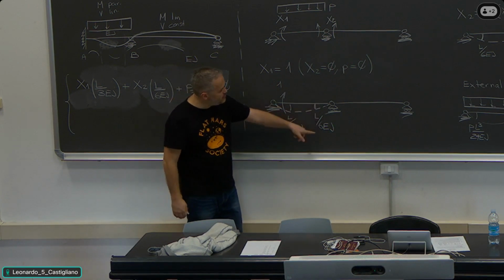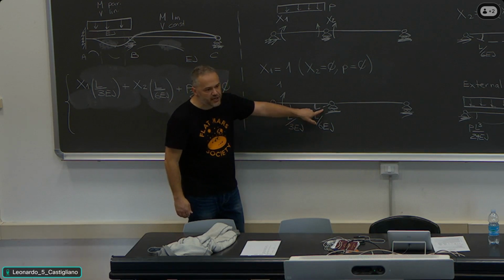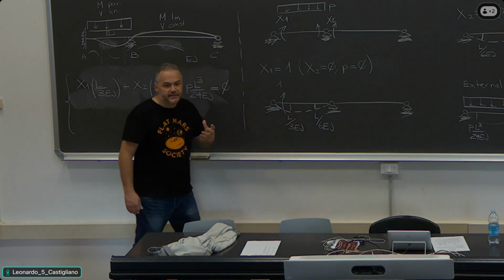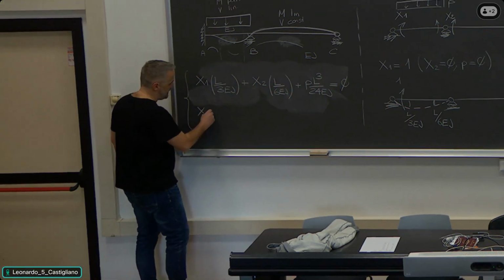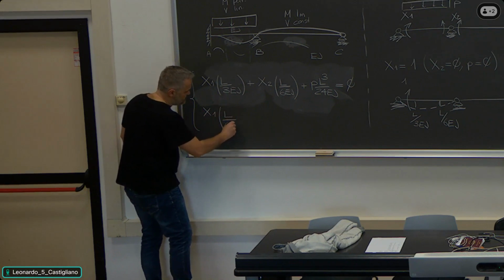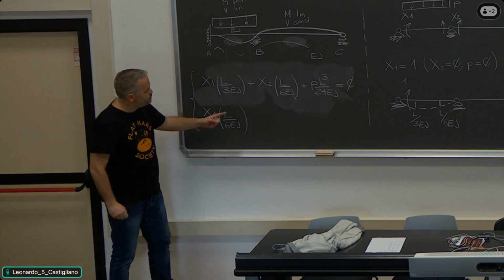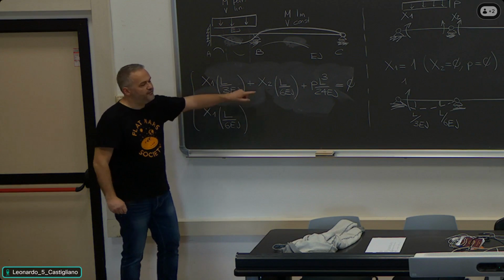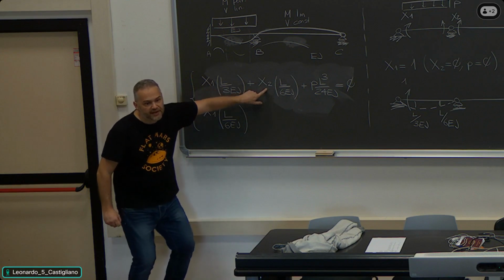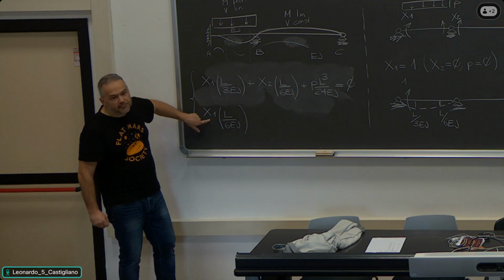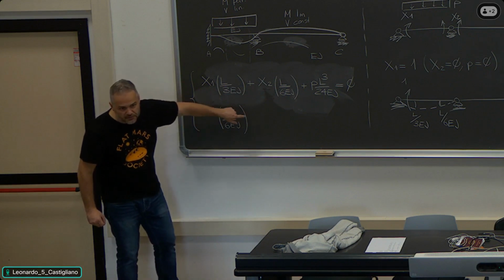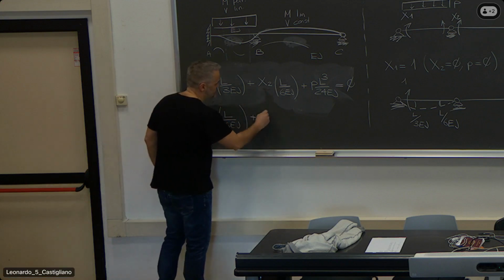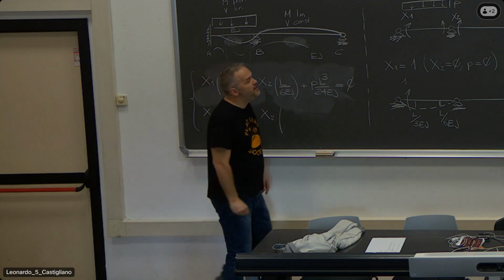Here there is an opening which is just L over 6EJ caused by x1 equal to 1, meaning that in reality I will put here x1 times L over 6EJ, and note that there should always be a symmetry between these coefficients. So the effect at point A of x2 is equal to the effect of the moment at point A to point B. There is a symmetry. This should be equal to this. Plus, what happens when you have x2?